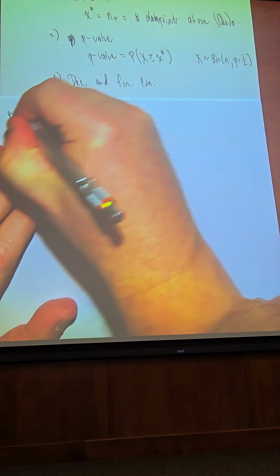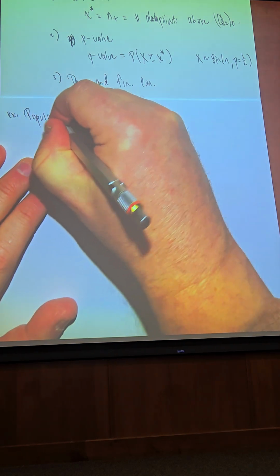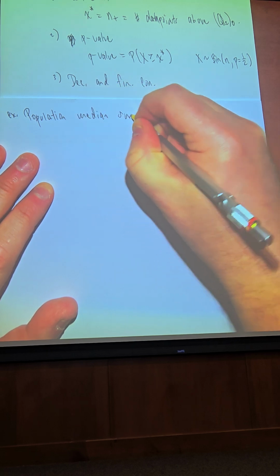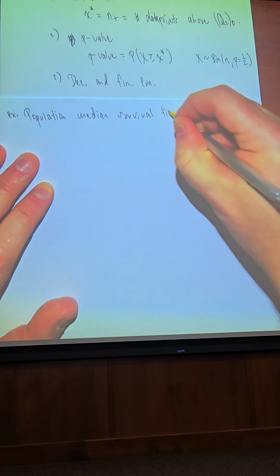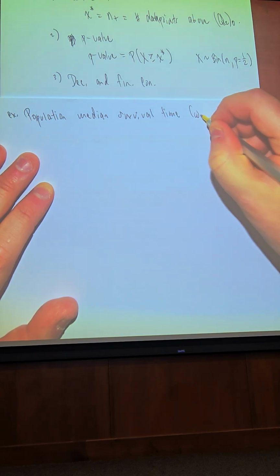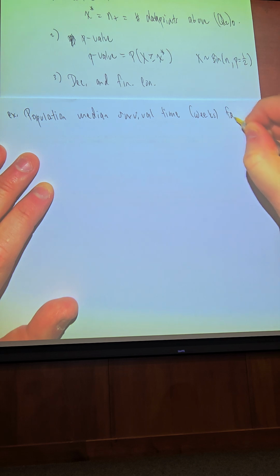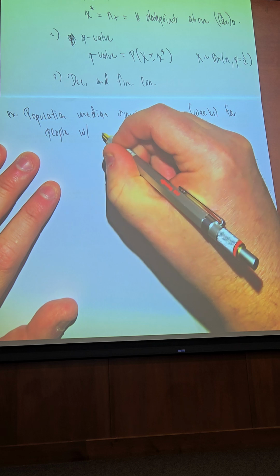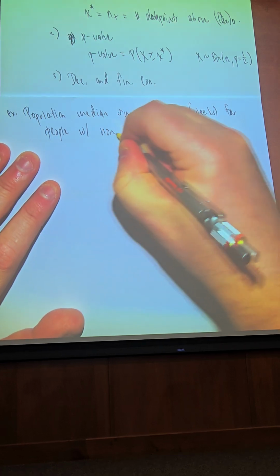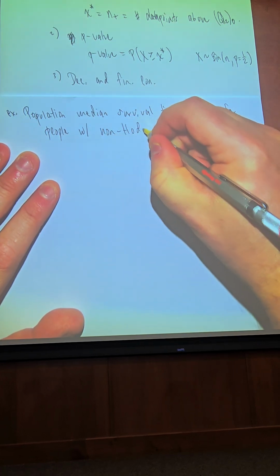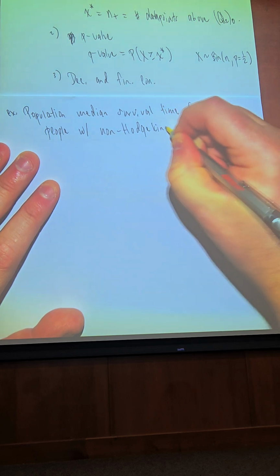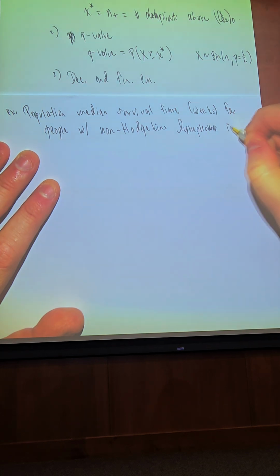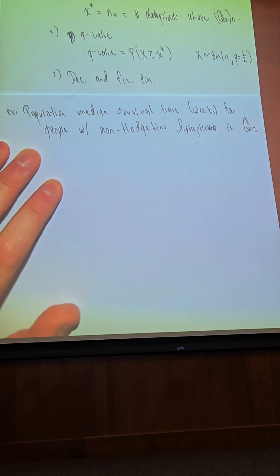For example, the population median survival time in weeks for people with non-Hodgkin's lymphoma is some value, let's call it Q sub 2.